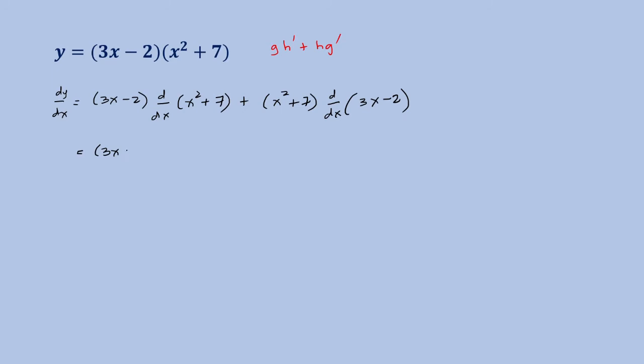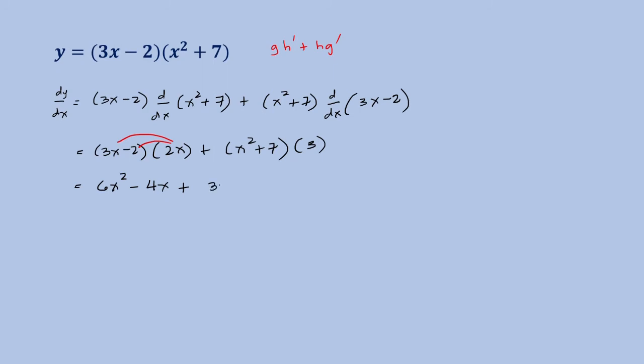So getting the derivative of x squared plus 7 is 2x plus, so we have x squared plus 7. The derivative of 3x minus 2 is 3. And then 3x minus 2 by 2x, we have 6x squared minus 4x plus, so we have x squared plus 7 times 3.